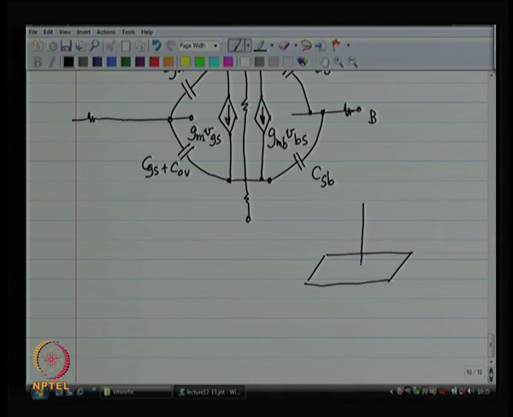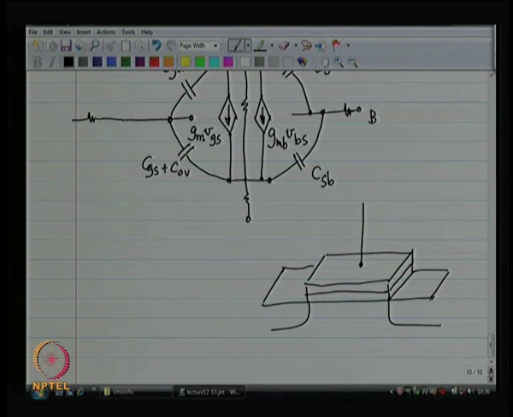So, let us say I touch the gate at the center. Now, for the charge to reach all over the place, it has to travel through resistive material.